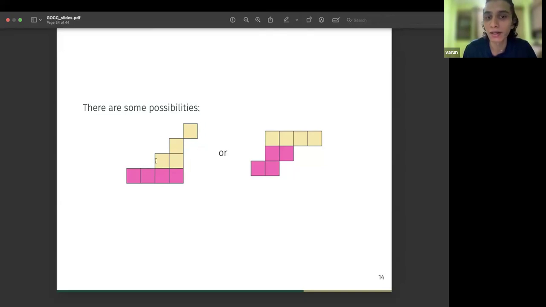So what I can see is that the cells that are marked with numbers 1 to 4 don't form a rim hook of size 4, while the cells that are filled with numbers 5 to 8 do form a rim hook of size 4.